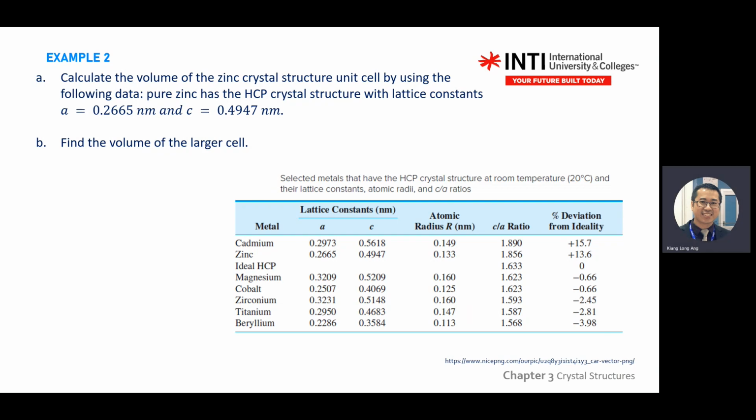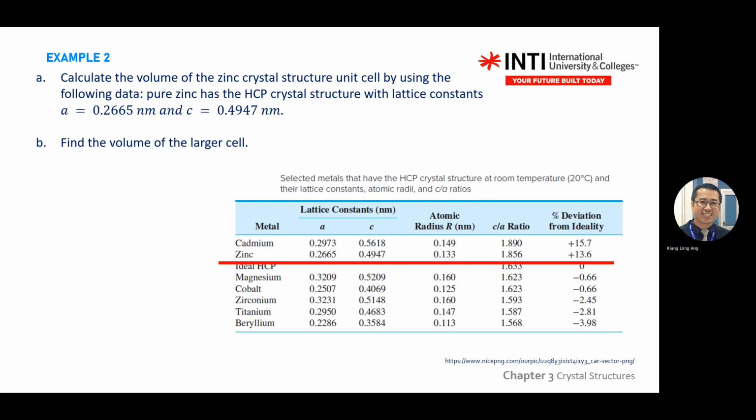C over A is 0.856. These four numbers are important in the following calculation. So you need to find the volume. You need to recall the previous slides about the HCP crystal structure.